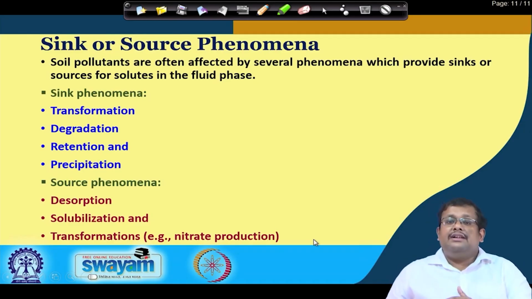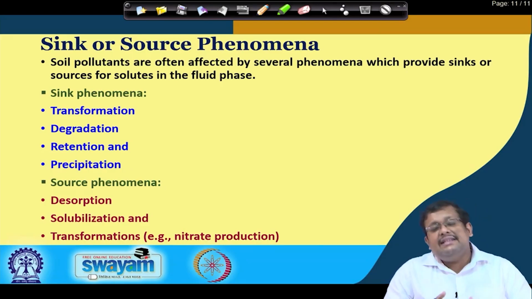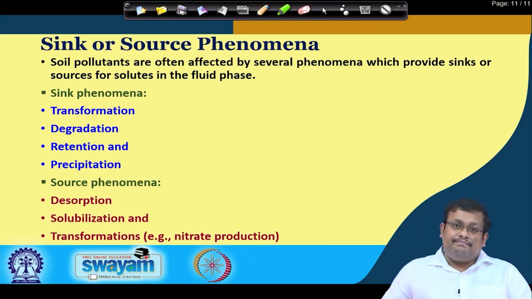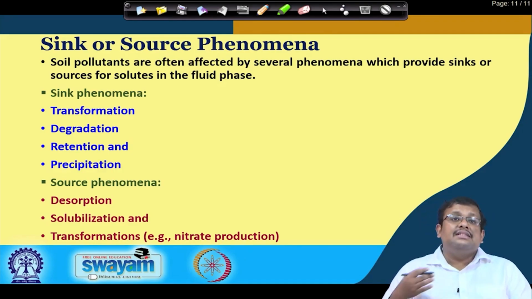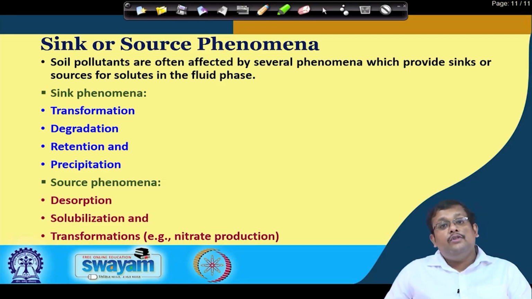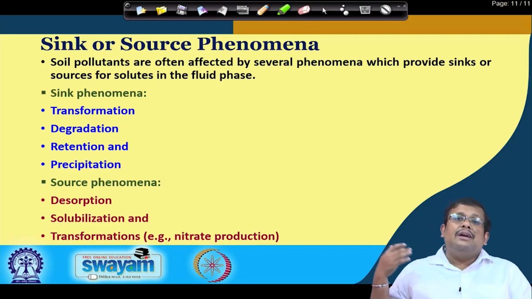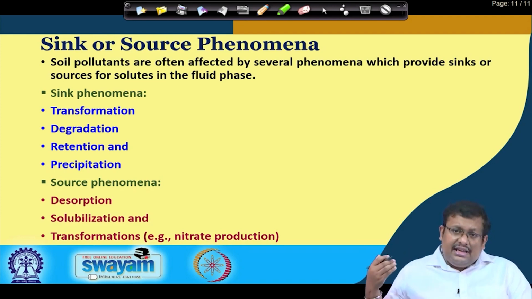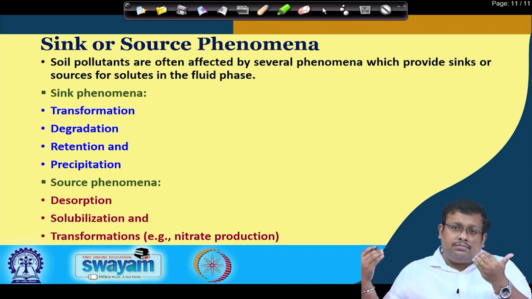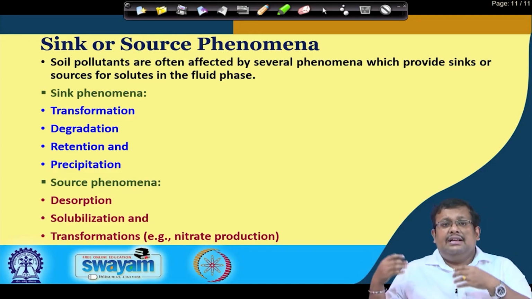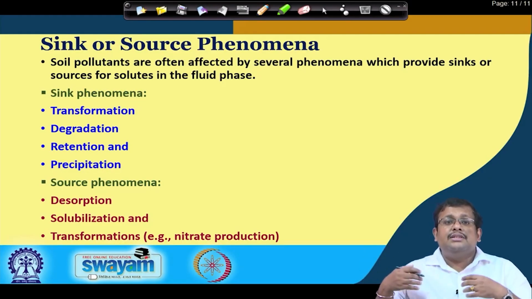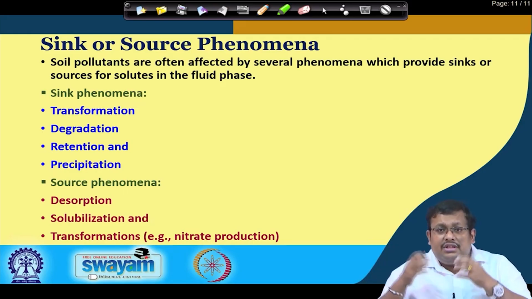So, we have completed the deterministic model, we have completed the movement through heterogeneous media, and then let us consider the sink and source phenomena. Now, soil pollutants are often affected by several phenomena, which provide the sink or sources for solute in the fluid phase. So, what are the sink phenomena? Now, by sink we generally indicate the different final outputs, and source means the sources.